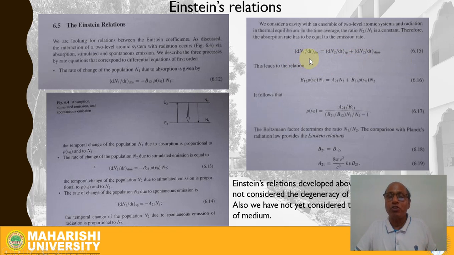So if we put these values, then we get this relation, and from this relation you can easily derive the value of rho nu 0, which is this one. Now if you look at this value, and if you go back to the value of Planck's distribution law that was in the first slide and compare this, then you will find that B21 equals B12 and A21 equals so much, right?